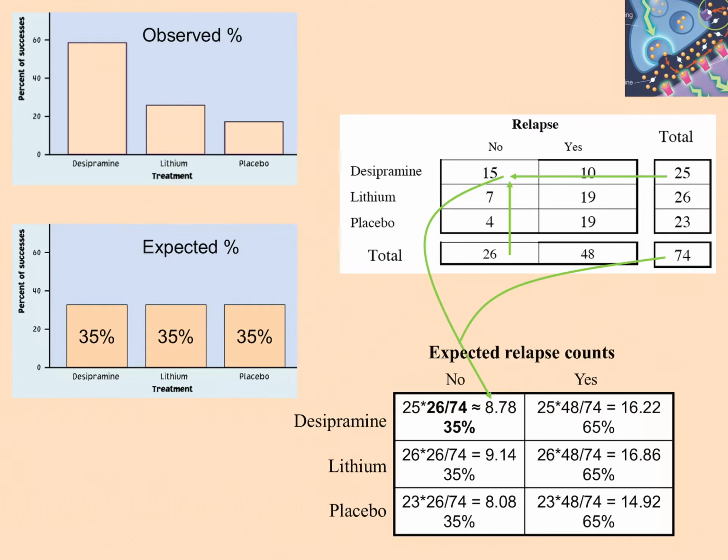And expected counts, again, go back a couple of slides, are the row total multiplied by the column total divided by the table total. So here we have an expected count of 8.78 for desipramine and no relapse. Well, how did we come to that?